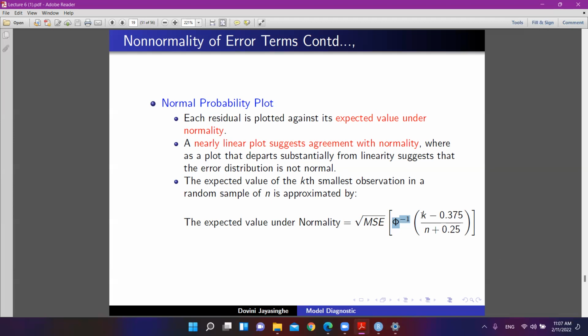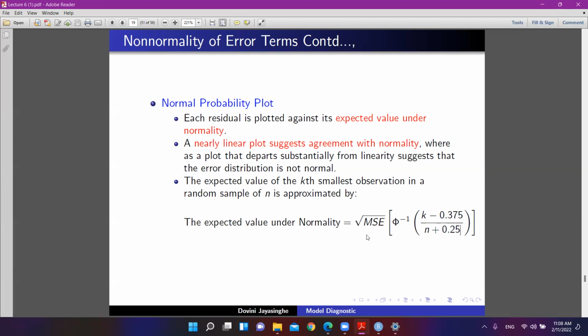Don't worry. So k is the rank, n is the sample size, these are constants. This is the formula for getting this. You don't have to know this formula. This is just for your knowledge, right?